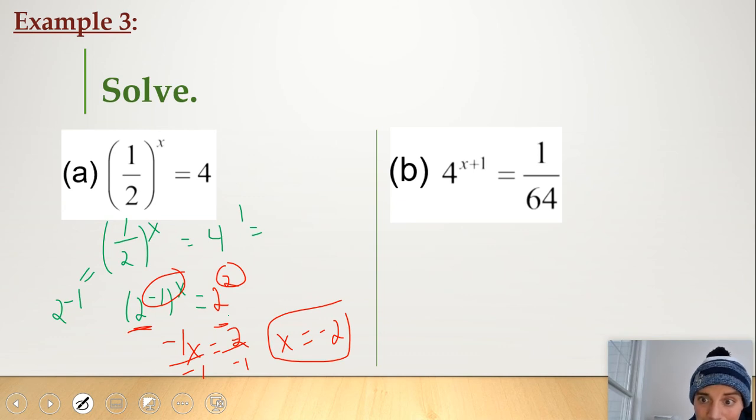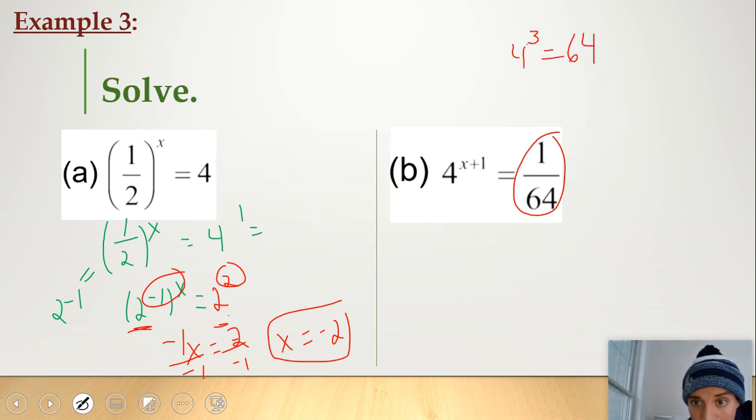Okay, same idea here. How am I going to get 4 to what power is equal to 1 over 64? Well, I know 4 to the third power is equal to 64, because that's 4 times 4 times 4. So 4 to the negative third power is equal to 1 over 4 to the third, which is equal to 1 over 64.